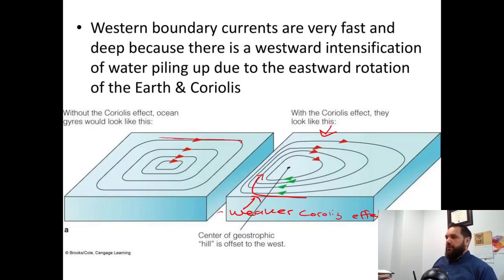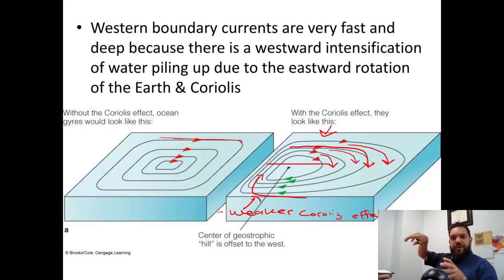Now over here you have the other boundary current, and right here you have a greater Coriolis effect because the water's moving at a higher latitude. So remember, at higher latitudes, the closer you get to the poles, the more intense the Coriolis effect is. So you get a lot more water turning over a larger area, and the reason is that stronger Coriolis effect.